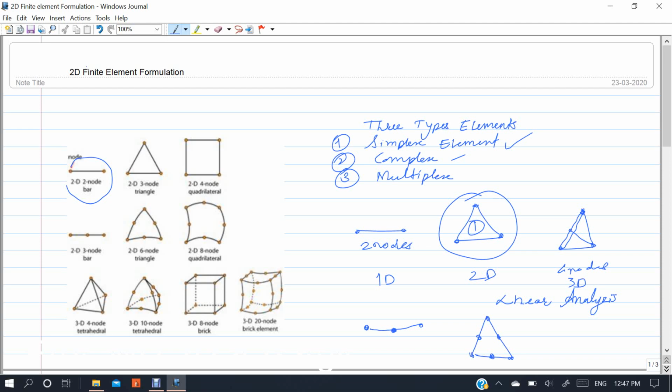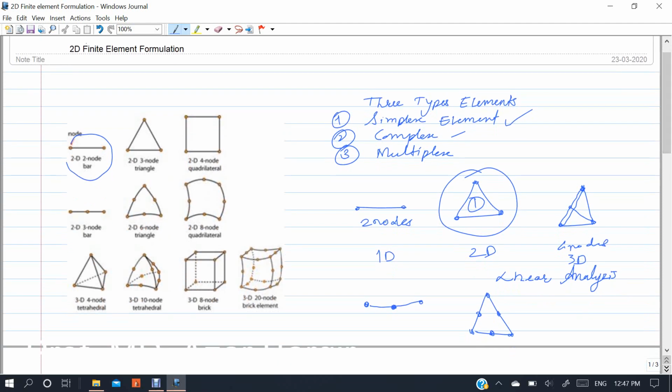So this is a complex type of element. The third is the multiplex. In this figure you can see this three noded tetrahedron, and this cubical 3D noded brick hexahedron. So these are the multiplex elements.